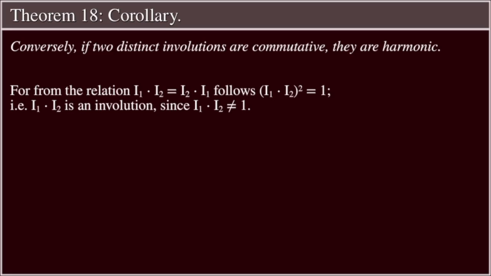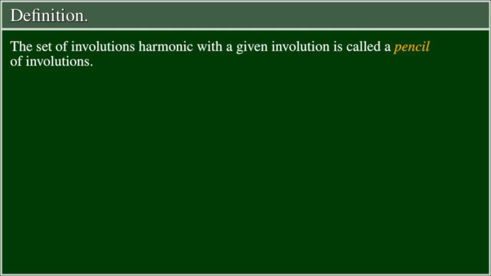For from the relation ι₁·ι₂ equals ι₂·ι₁ follows the quantity (ι₁·ι₂) squared equals the identity, i.e. ι₁·ι₂ is an involution, since ι₁·ι₂ is not equal to the identity. Definition.